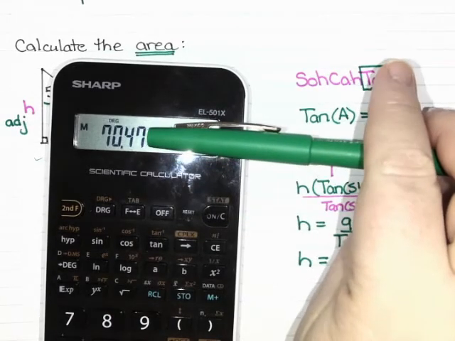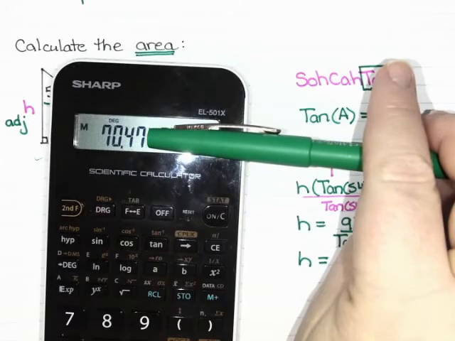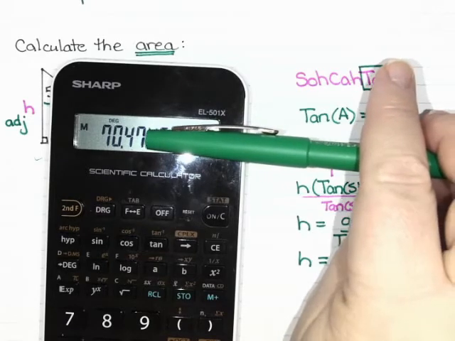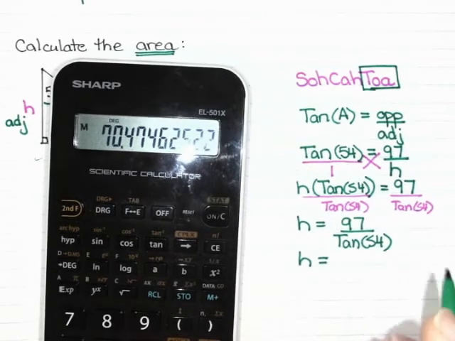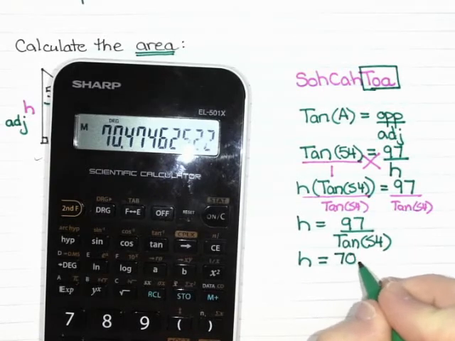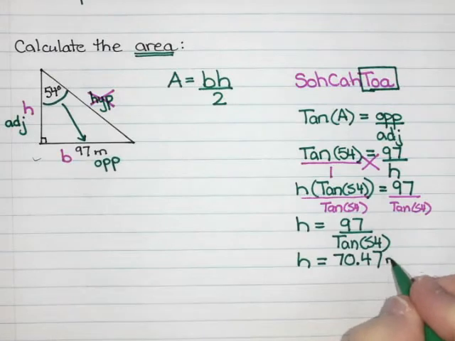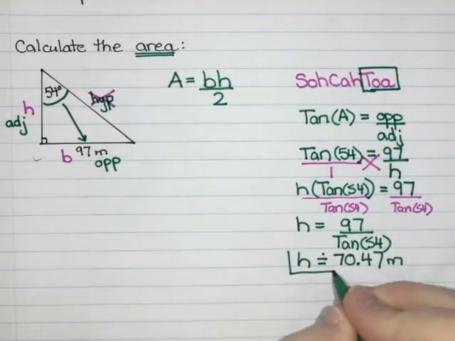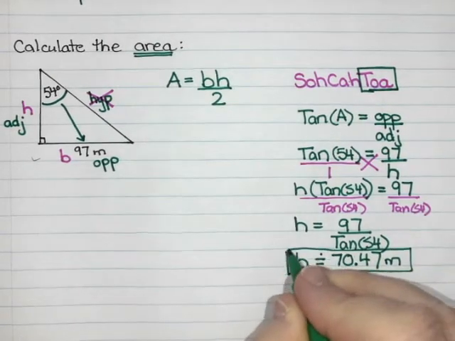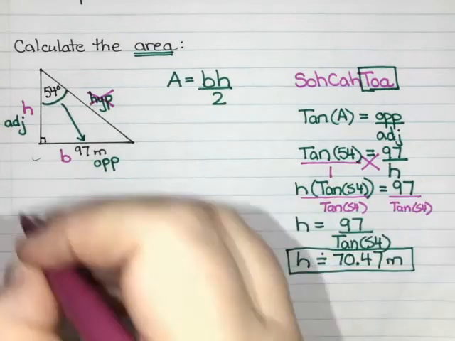So I have 70.47, and then the next number is a 4. So 70.47. And that should be meters. So the height is approximately 70.47 meters.